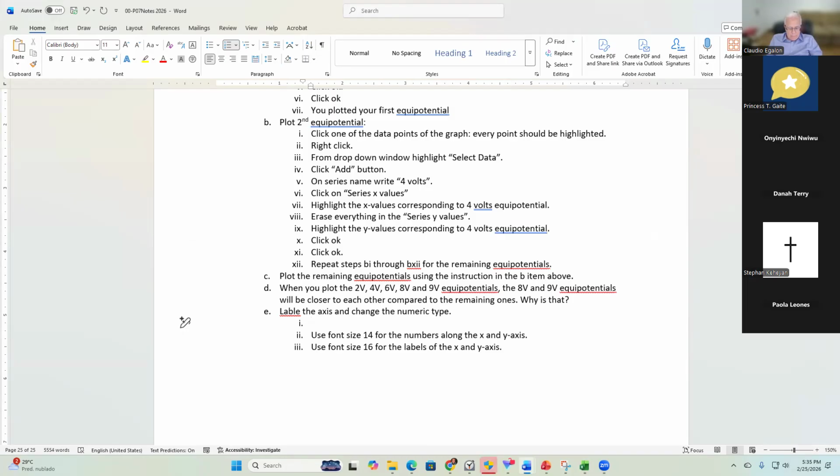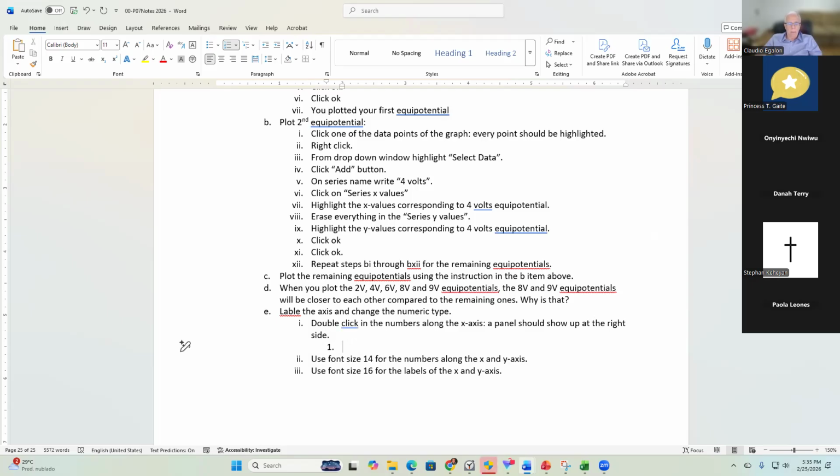One, double click along the numbers along the x-axis, right? That's what I did. A panel should show up at the right side.